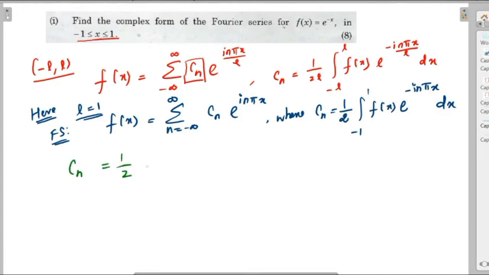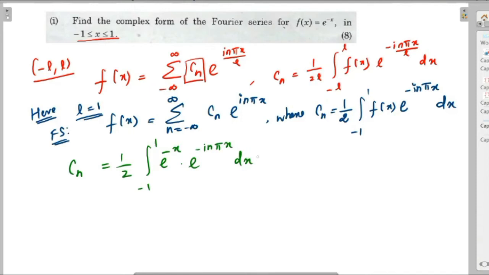Now I'm going to find cn. So 1 by 2 integral over minus 1 to plus 1 of e power minus x into e power minus i n pi x dx.